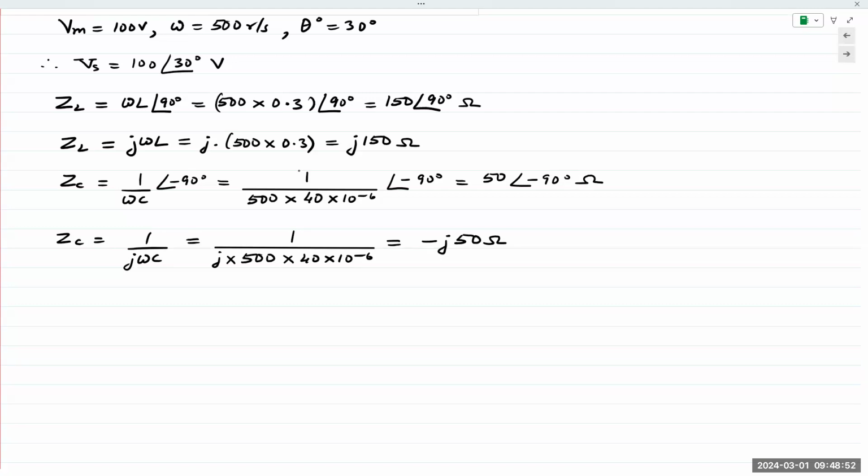Since I'm performing addition, I'm going to use the rectangular coordinates. R plus ZL, which is j150, plus ZC, which is minus j50, gives me a ZEQ of 100 plus j100 ohms.